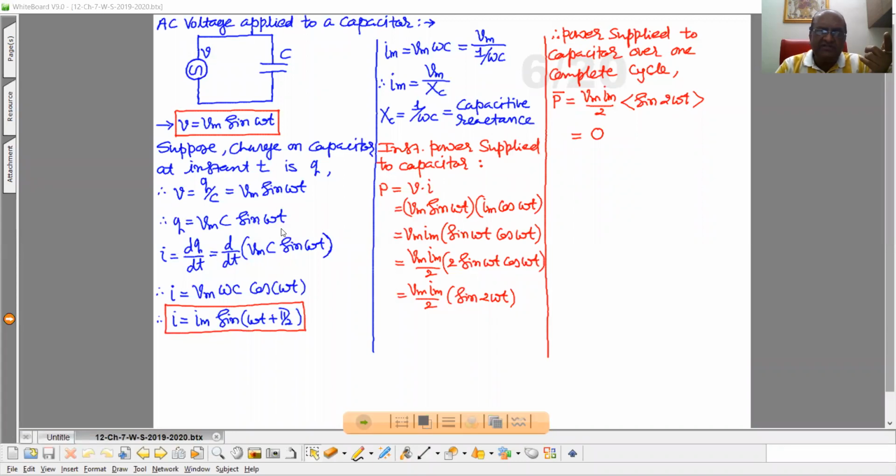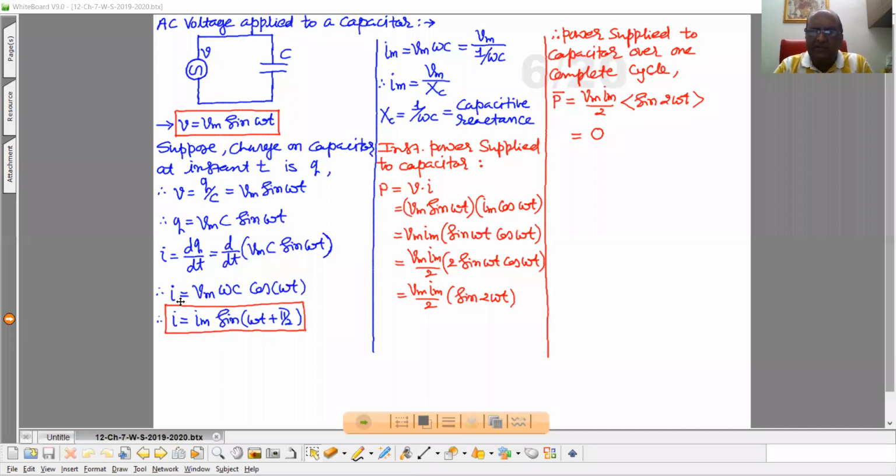We want the instantaneous current, so differentiate this equation of charge Q with respect to time t. So I is dq by dt, that is d by dt of Vm into C sin omega t. Vm C as it is, differentiation of sin omega t is cos omega t, and of omega t is omega.